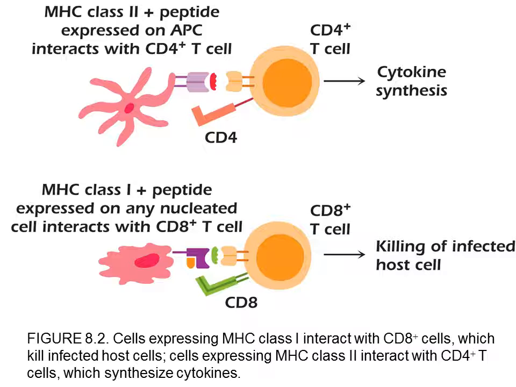And CD8 cell, if you remember, is a killer cell. So this cell will kill infected host cells. So there's a message there that this cell has just phagocytosed the bacteria. It says, I've just phagocytosed the bacteria, but it's not going to do anything.